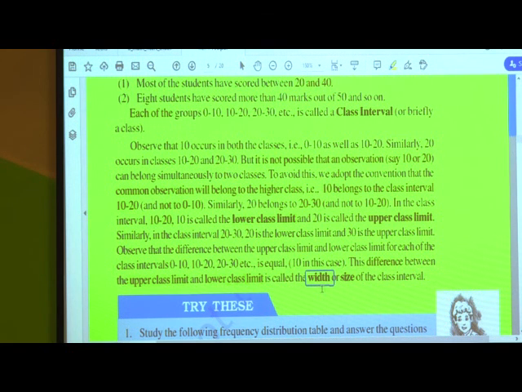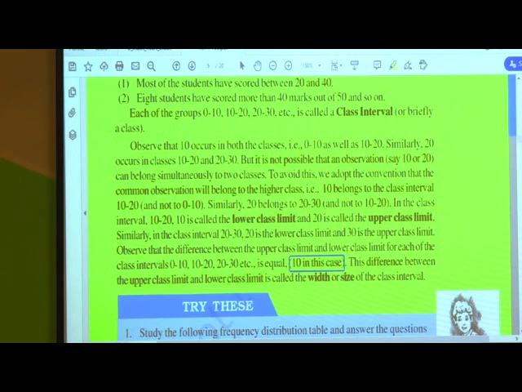Means 20 minus 10, 10 is the answer; 10 minus 0, 10 is the answer; 30 minus 20, 10 is the answer. So, 10 in this case is the width or size of the class interval.